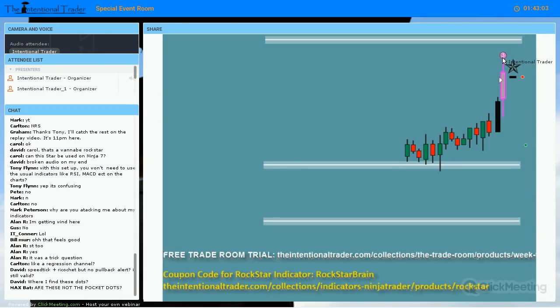Some of you may be so comfortable and have already been trading this without support and resistance behind it that you may want to just use the dots and not worry about the pullback alert.